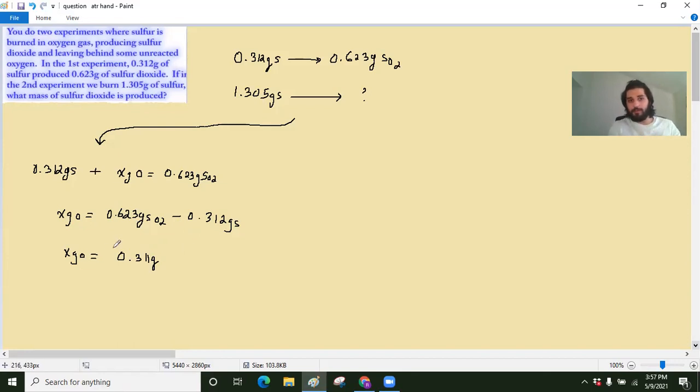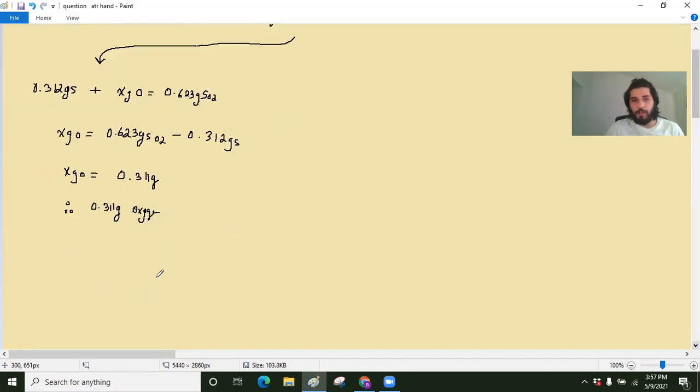X grams of oxygen equals this much, and therefore 0.311 grams of oxygen was used. So if we look at what we have in total, 0.312 grams of sulfur plus 0.311 grams of oxygen eventually in the first situation made 0.623 grams of sulfur dioxide.